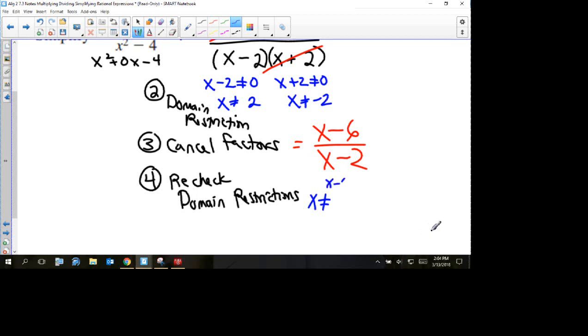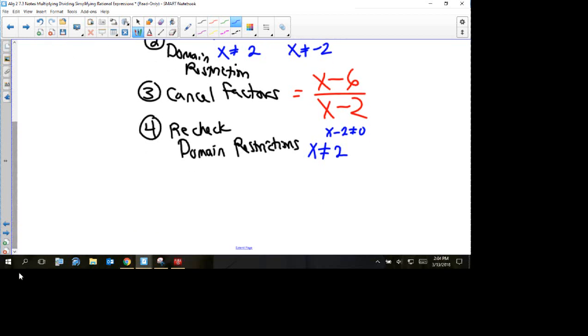You say x minus 2 cannot equal 0, so x cannot equal 2. Now this next thing that I'm going to write, you don't necessarily need to write. I'm just trying to write this next thing so you can see all of my work in one screen at the same time because I have to keep scrolling.